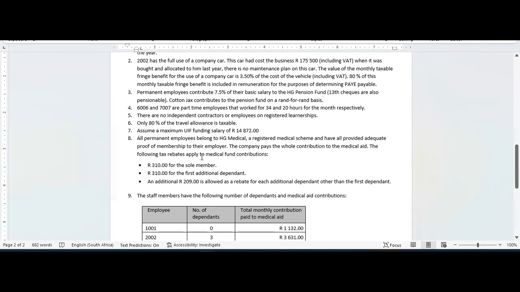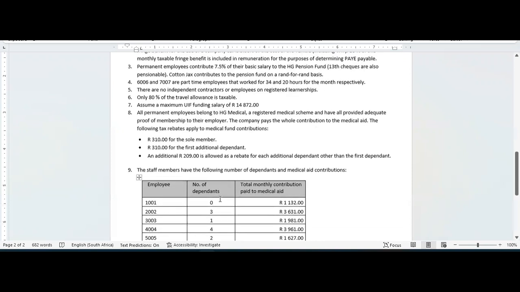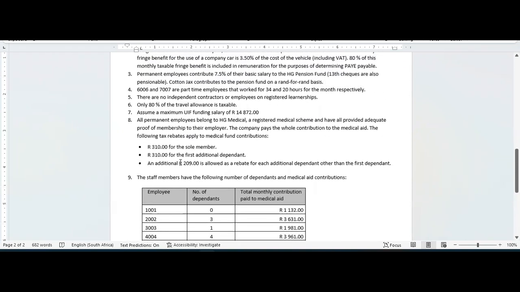And then they say the following tax rebates apply to medical fund contribution. They say 310 for the sole member, 310 for the first additional dependent, and then 209 for every other dependent. Okay, now what's important here, and they don't say it here, they do say it below, is that this is a monthly rebate.